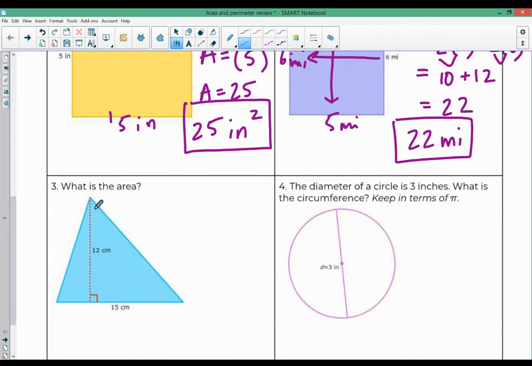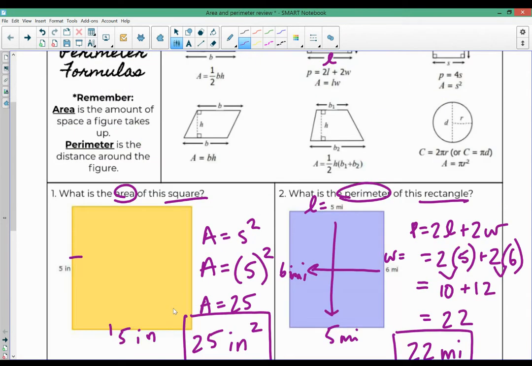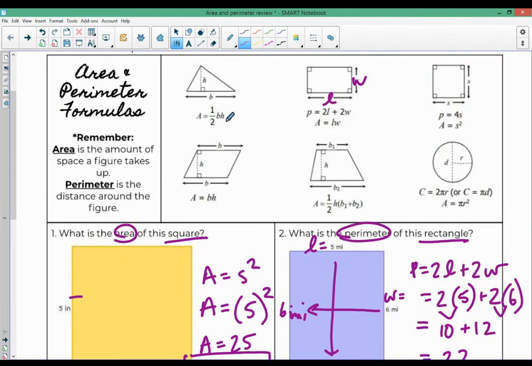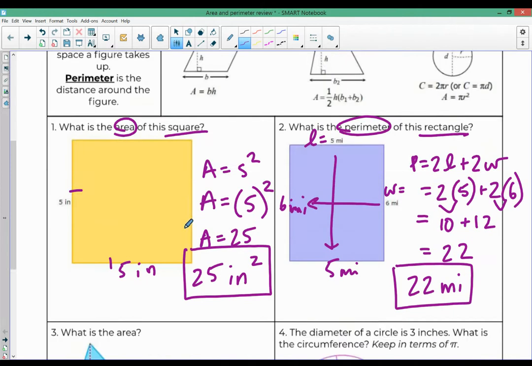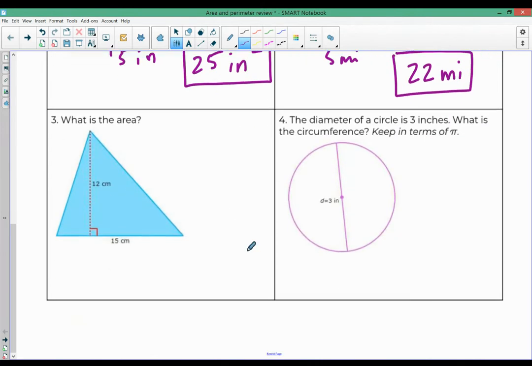All right, what is the area? So it's a triangle. Here, area is 1/2 base times height, the height being where the perpendicular is. So A equals 1/2 base height. So the base is 15. The height is 12 because that's where the perpendicular is.